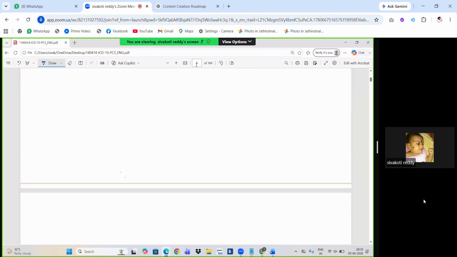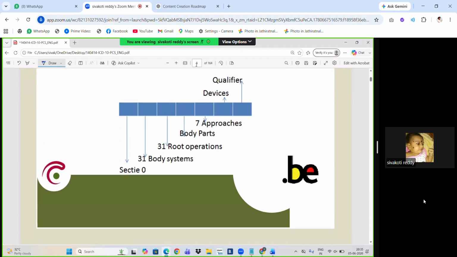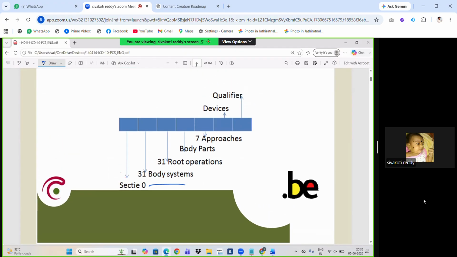Now you have an idea about the 31 body systems, correct? Yes, sir. Seven approaches, body parts, devices, qualifiers, all you know. Now, root operations. Next thing. As of now, whatever we have discussed is the basics of the code structure.